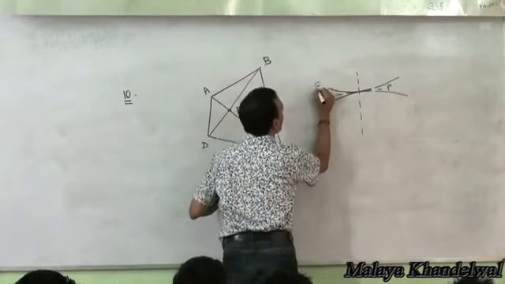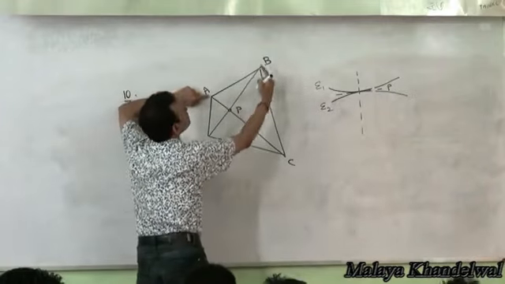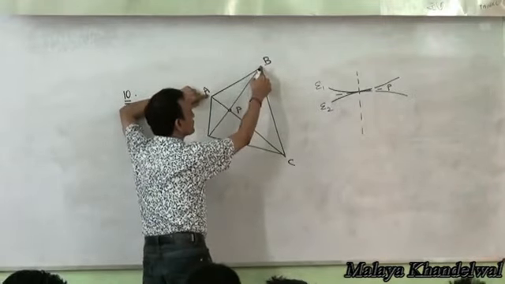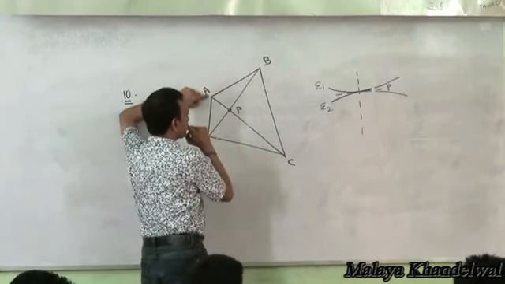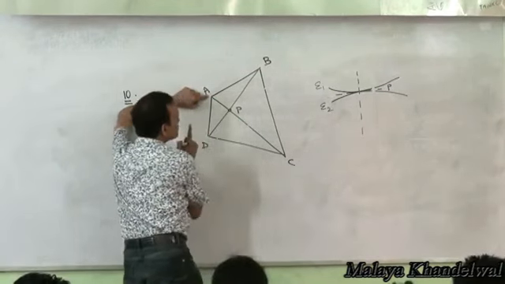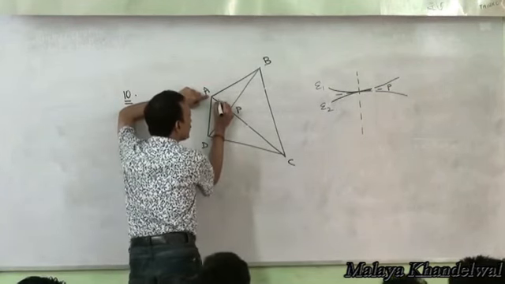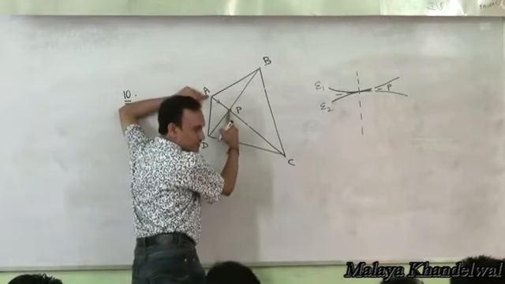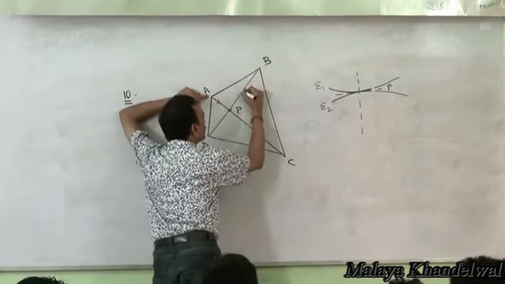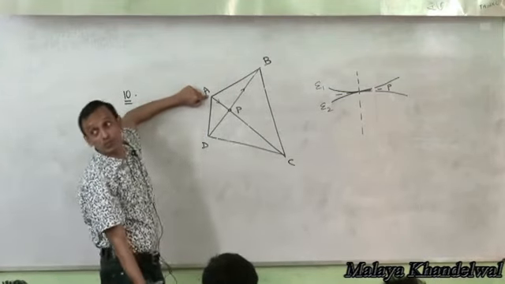Refer to this as ellipse 1. Refer to this as ellipse 2. Ellipse 1 has A and B as its foci and it passes through P. For ellipse 1, imagine a ray of light starting from A, hitting the ellipse at P, then after reflection, it must pass through the other focus B. Yes or no? That's a property of ellipse.